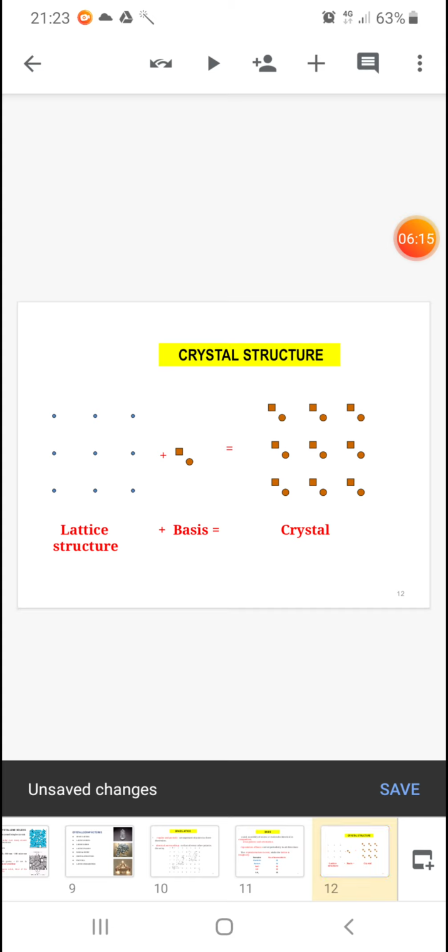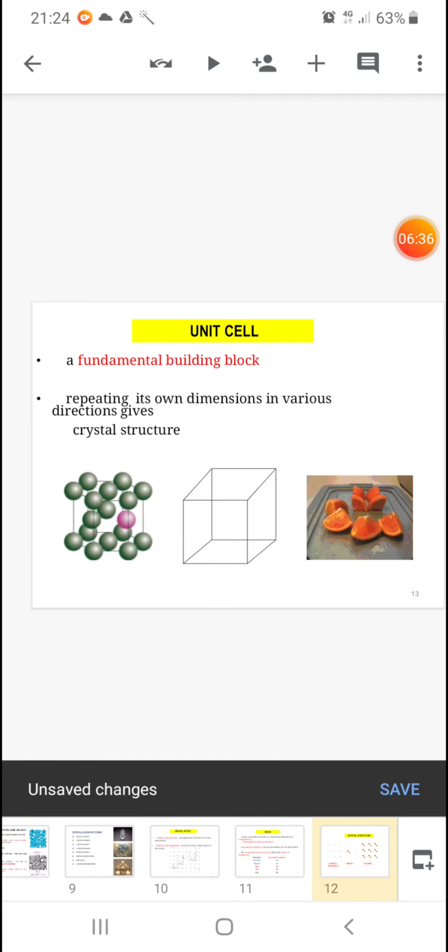This figure shows the lattice structure in the first figure with the help of blue color dots. With the help of red color dots, we show here the basis, and whenever there is a combination of the lattice structure plus basis, we will see that a crystal structure is formed.